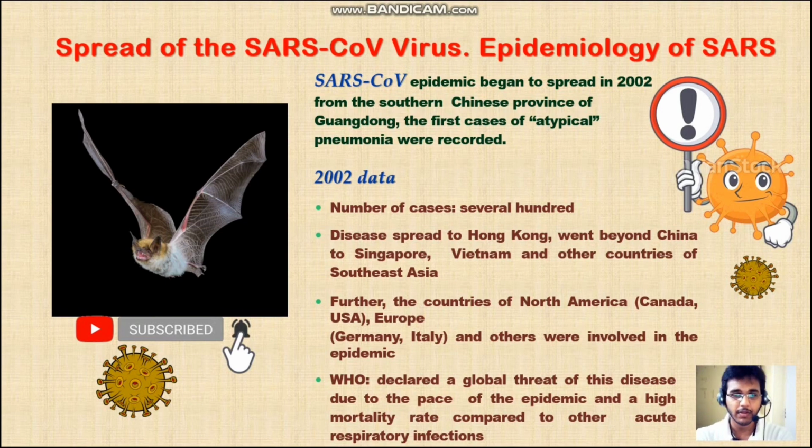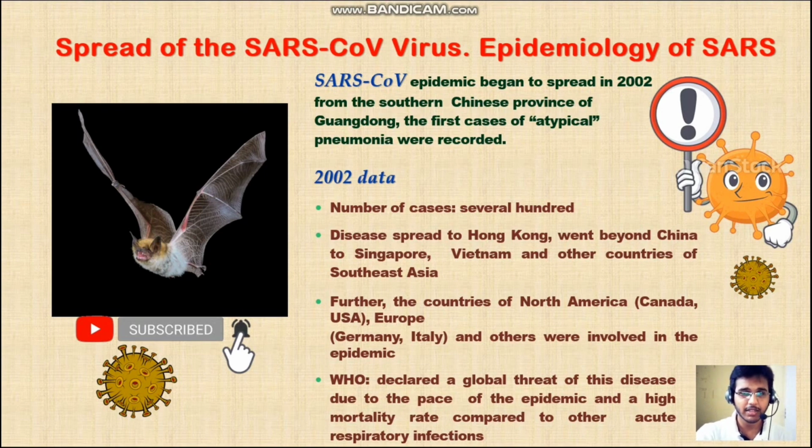The World Health Organization declared a global threat due to the pace of the epidemic and its high mortality rate. It is very important to note that this mortality rate was high compared to other coronaviruses. Even the COVID-19 SARS-CoV-2 virus has a comparatively lower mortality rate than the SARS-CoV virus of 2002.